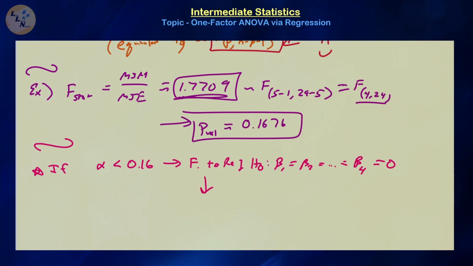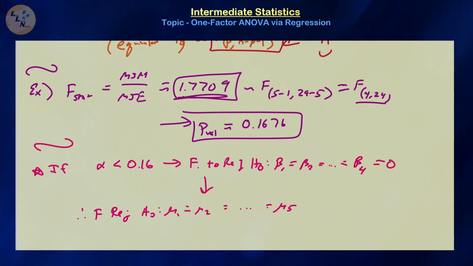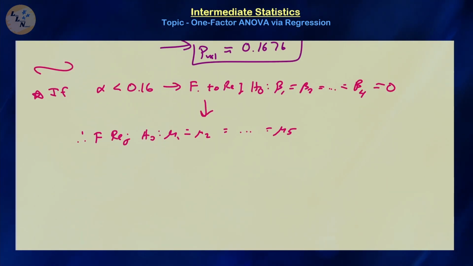Right? And remember, this is equivalent to failing to reject the null hypothesis that mu1 is equal to mu2 is equal to, all the way down to mu5. Right? That means if we're failing to reject the null hypothesis that those are equal, that means what?